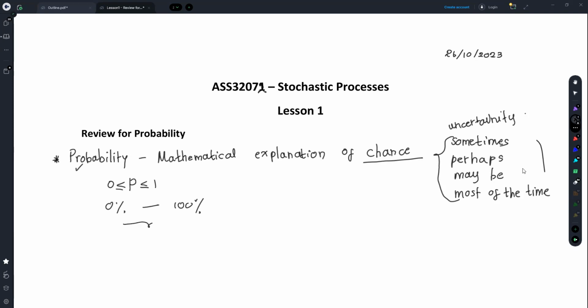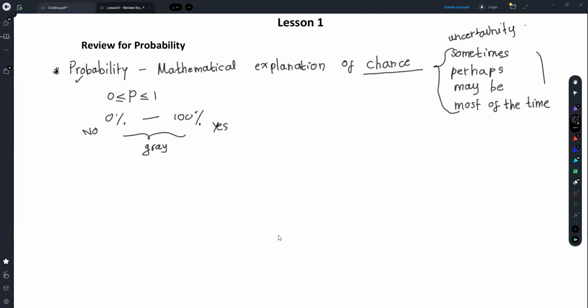Whatever you have in between is the gray area. Whenever you have to explain something which is not no, not yes, but something in between, and you want to give a number to that, that is where we have the probability. So probability never exceeds 1, and it is never negative, always between 0 and 1, right?